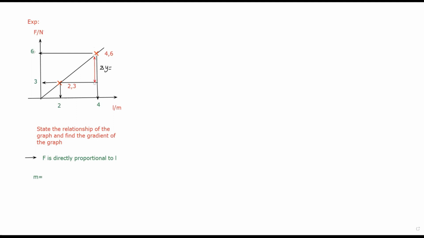Delta y is 6 minus 3, meaning I can use this value minus this value. That's how we get it. 6 minus 3, which is 3. This is the delta x. Delta x is 4 minus 2.